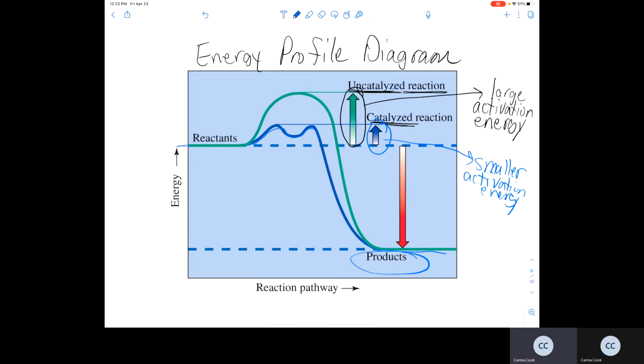This is the starting energy level, and when you get to products, this is your final energy level.